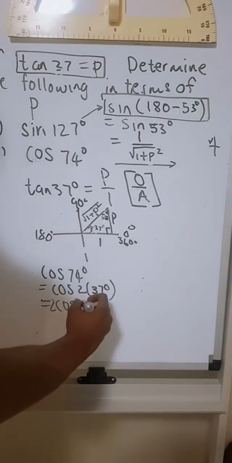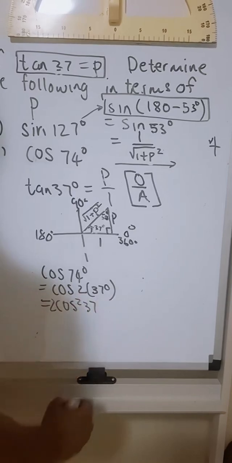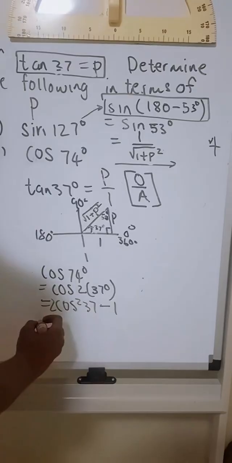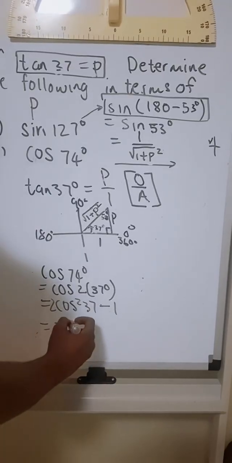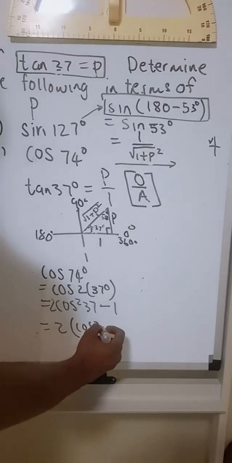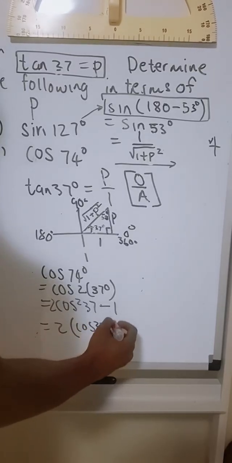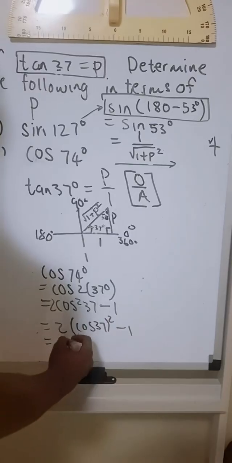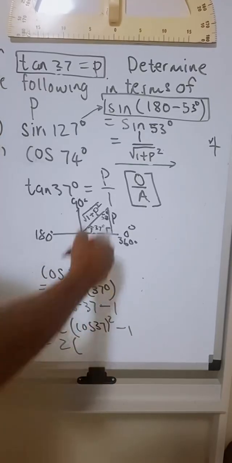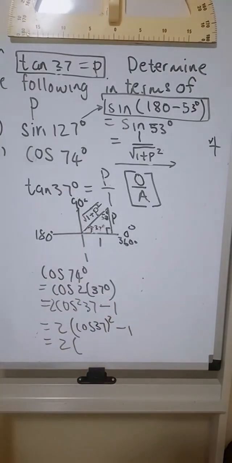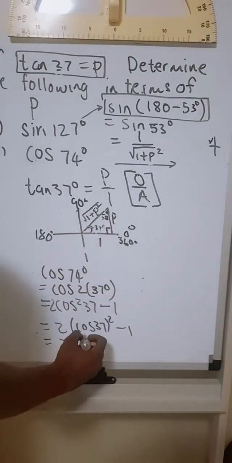So we can just say 2 cos squared 37 minus 1, which is 2 cos 37 squared minus 1. We grab cos 37 is p over 1.